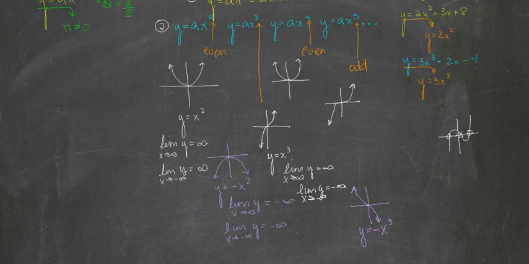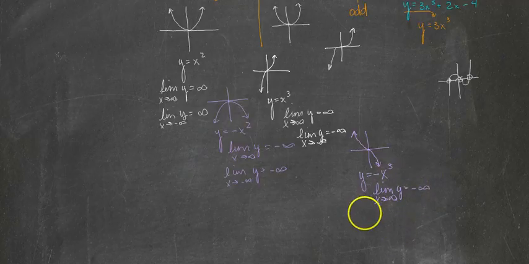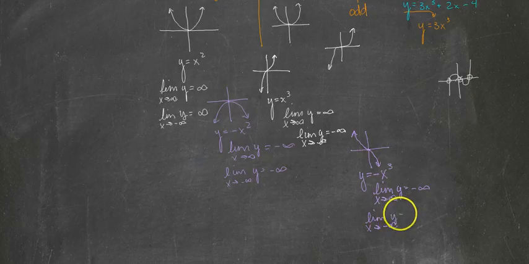And so now my limits are, limit as x values approach infinity of y, now my output is approaching negative infinity on the right, and then the limit as x values approach negative infinity, meaning on the left, I'm approaching positive infinity.